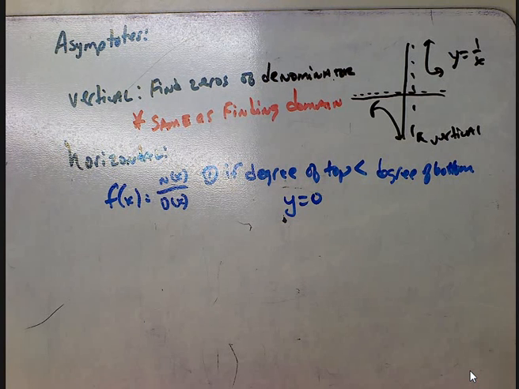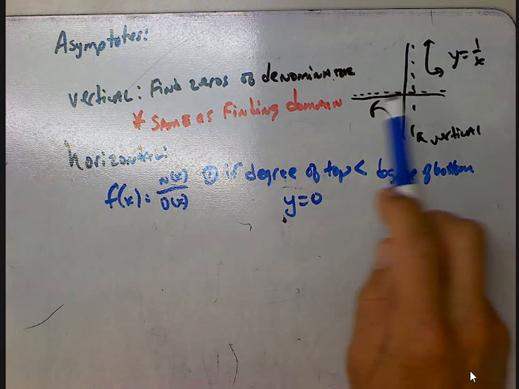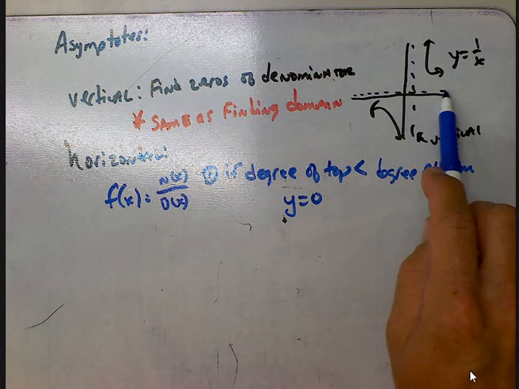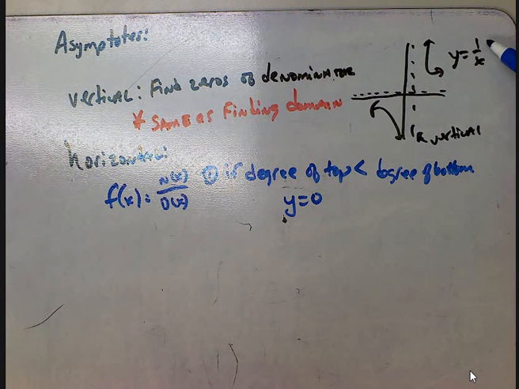And notice in this situation the basic graph for horizontal asymptote is y equals 0. This horizontal line going straight across. Because the degree on top is 0, the degree on bottom is 1. Since it was less on top than bottom, y equals 0 is the asymptote.